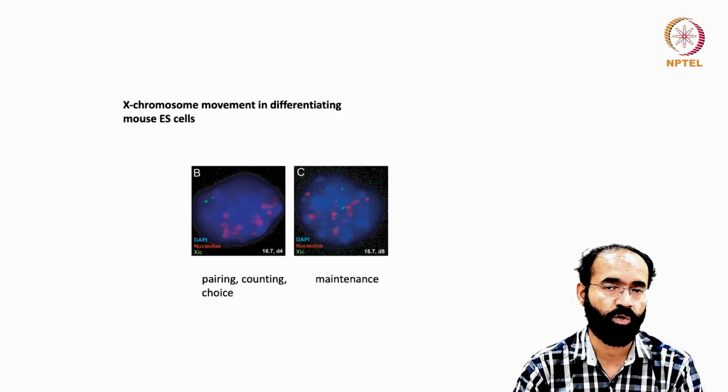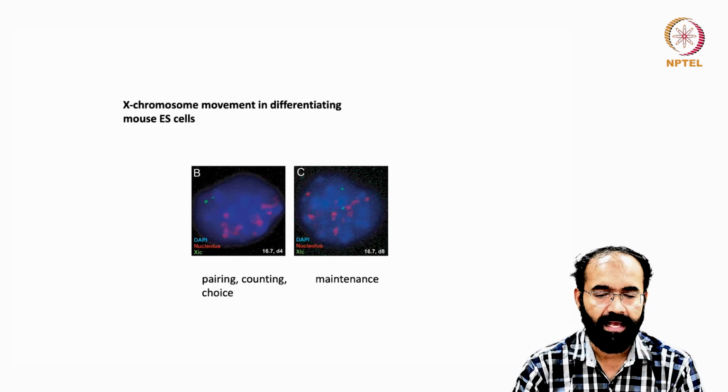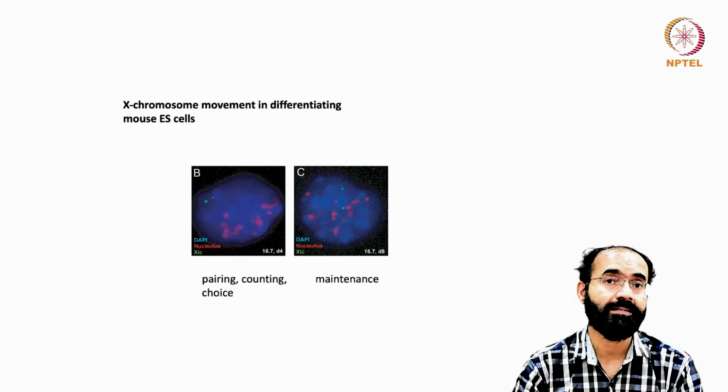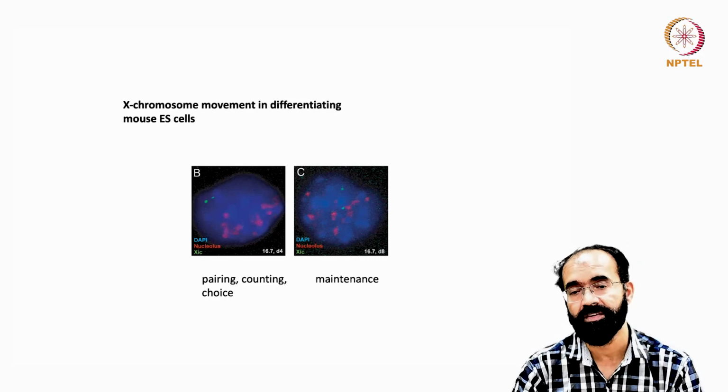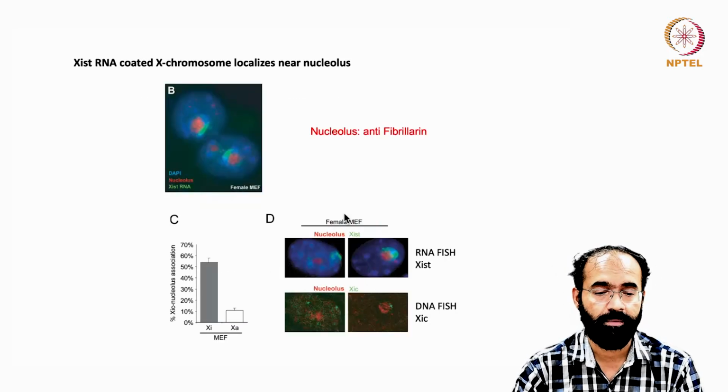For pairing, the chromosomes have to be close by. Once they are close by, then they slowly move apart. So pairing, counting and the choice are decided, and 2 dots are close by, you can see here, and the X-inactivation center is what is marked in this green color dot. Then they slowly start moving apart, and later one of them will start expressing too much Xist, as we saw in the previous picture.